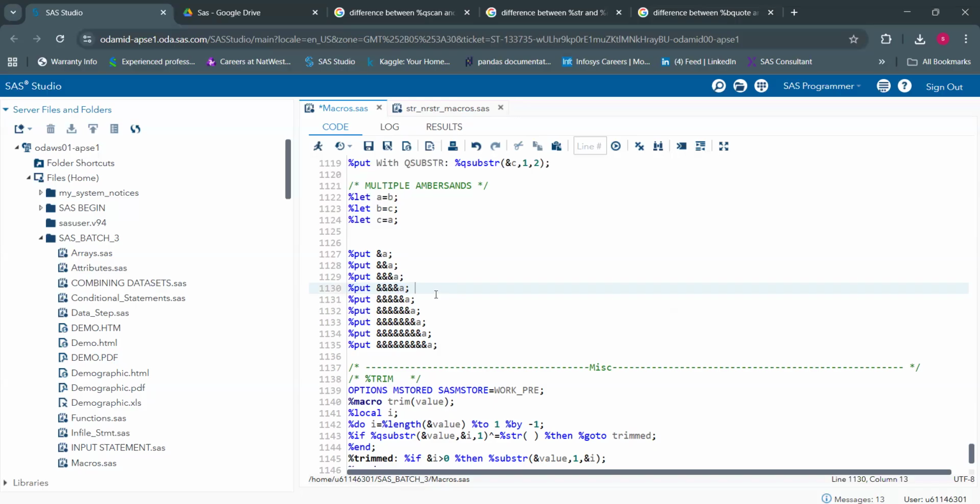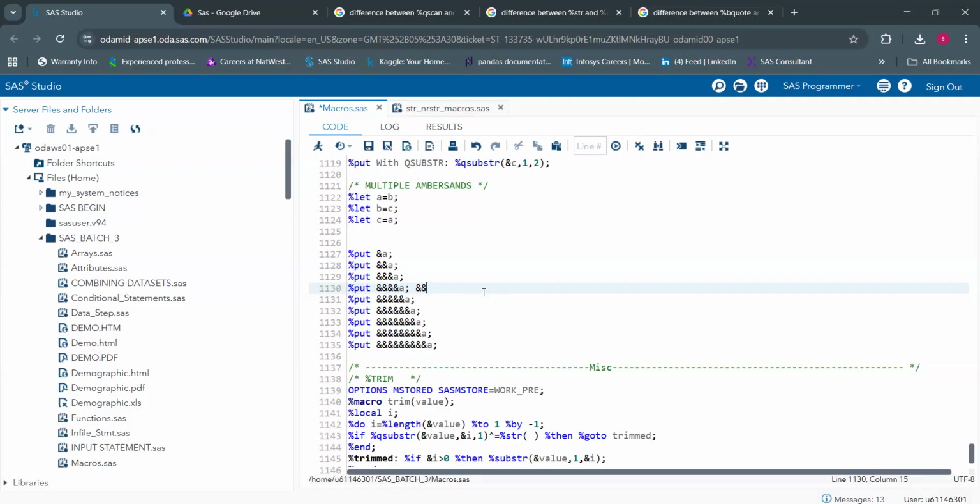What are the first two ampersands? These two ampersands as one. Next two ampersands as one again. Now tell me what happens. I'm getting the answer C only.